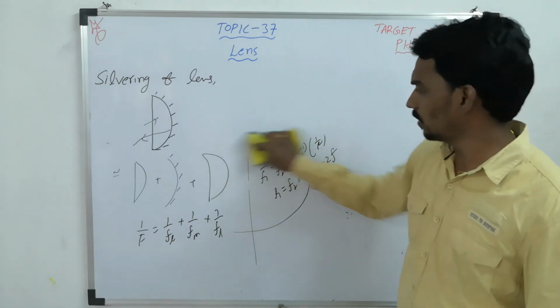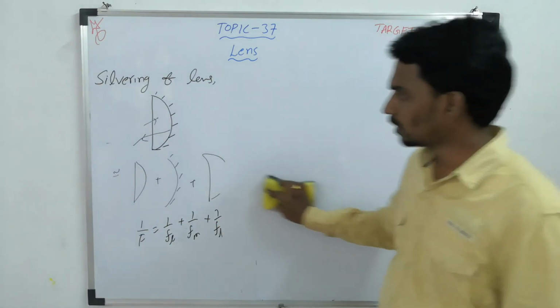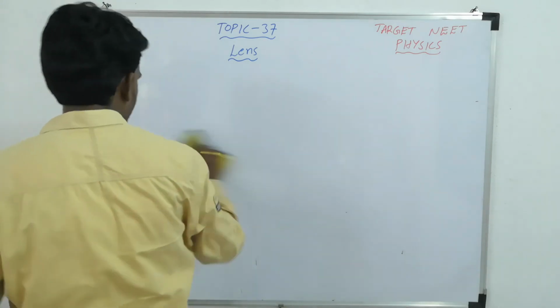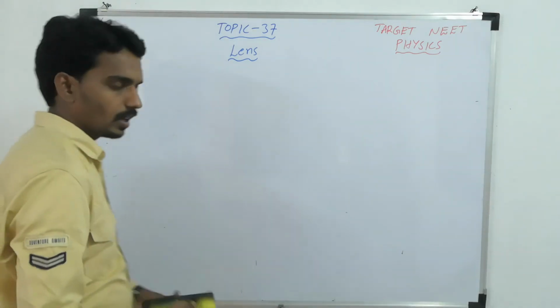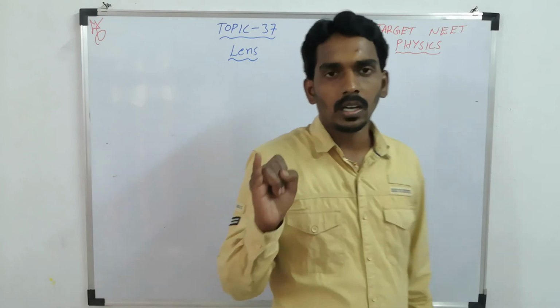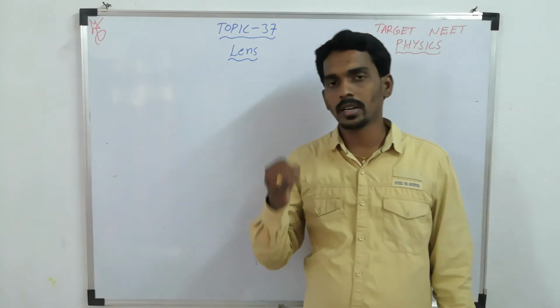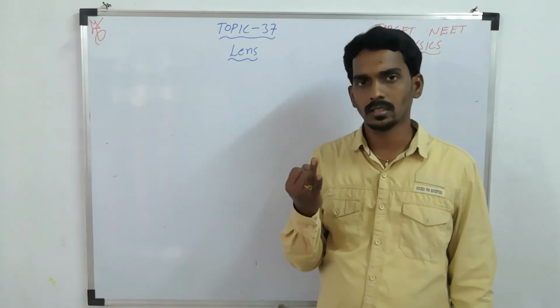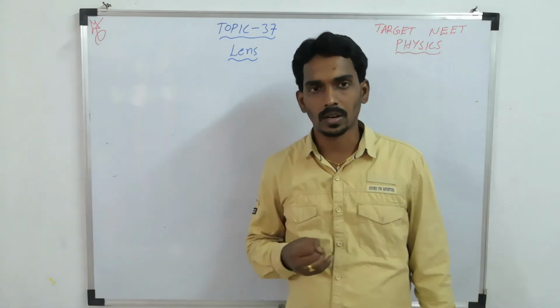If you consider the lens, then finally, if you conclude it, one type is based on focal length of a lens in air or in a medium, and the other is based on the lens maker's formula.